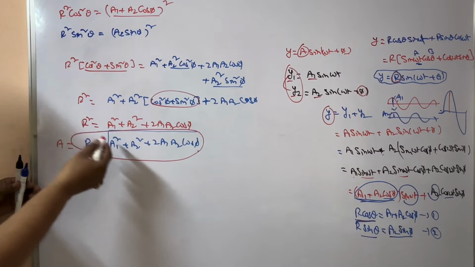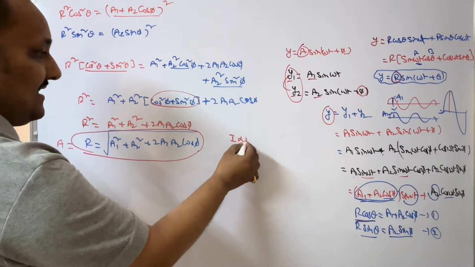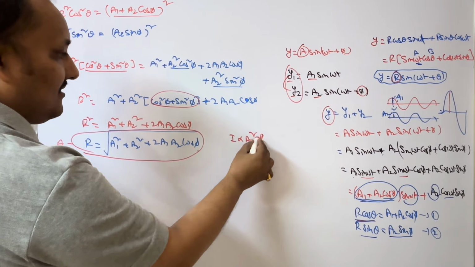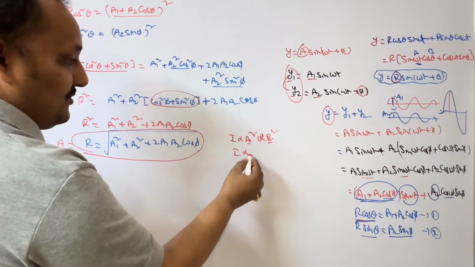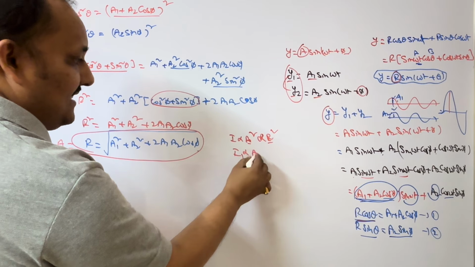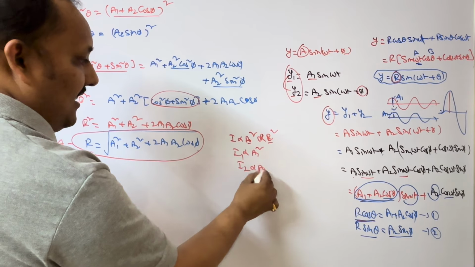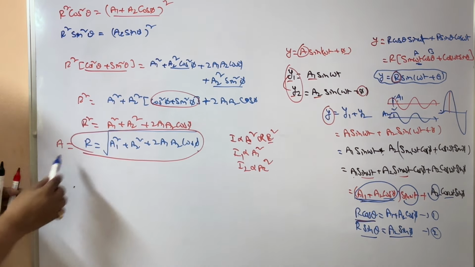Resultant amplitude of the two waves which are superposed or superimposed on each other. Now what is the resultant intensity? We said intensity is directly proportional to A square or R square; here R or A means amplitude. I1 is directly proportional to A1 square, I2 is directly proportional to A2 square.